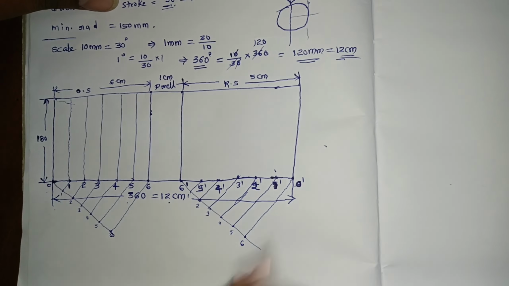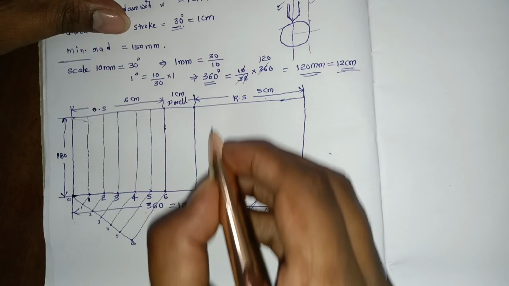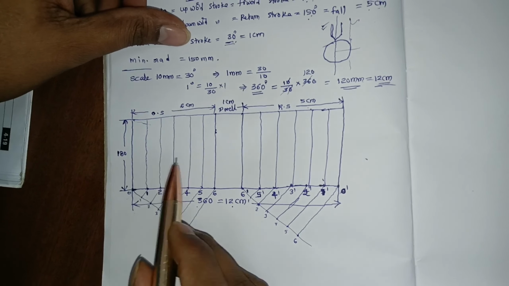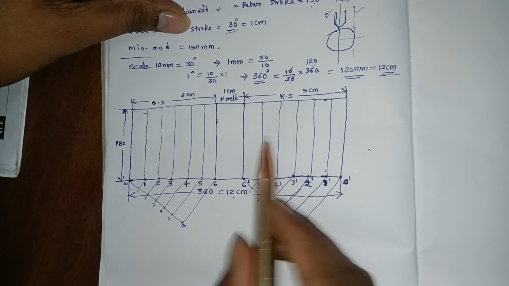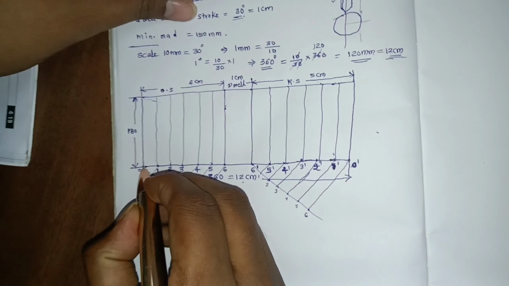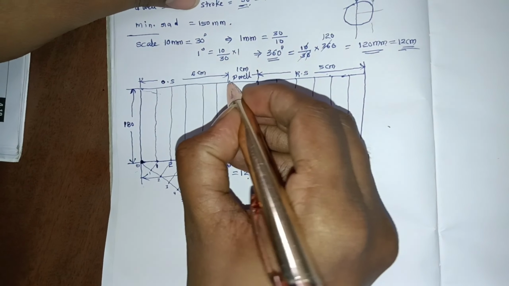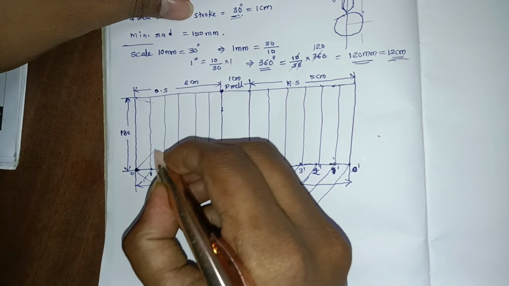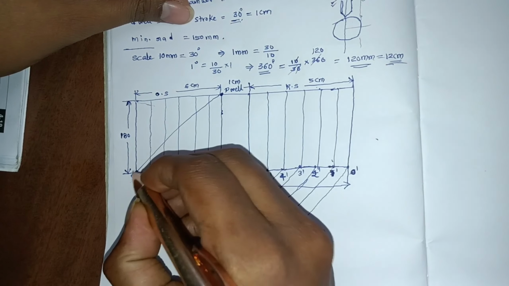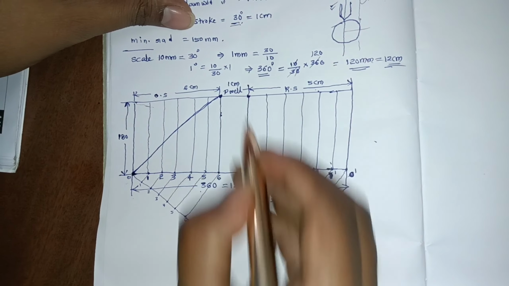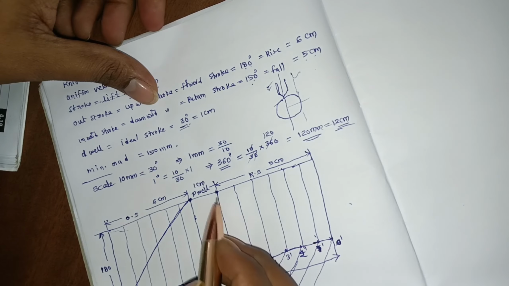Now, similar to the earlier case, you have to draw the vertical lines again from each point. Now you have to join this starting point and this ending point. You have to join these two lines. Similarly, here also you have to join these two lines.